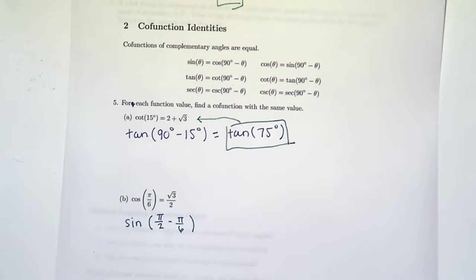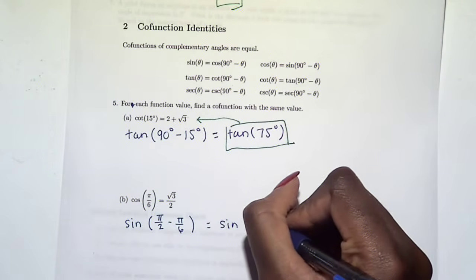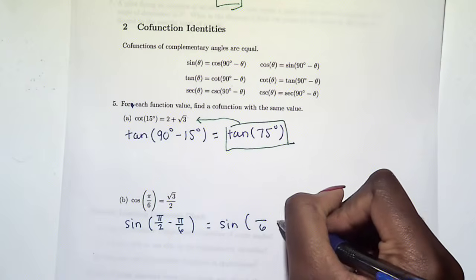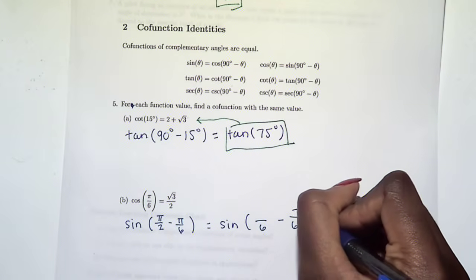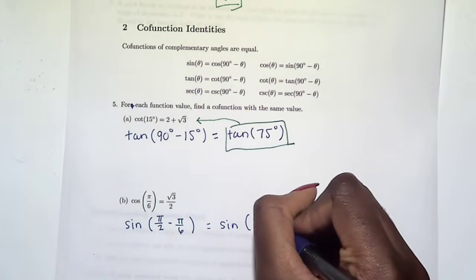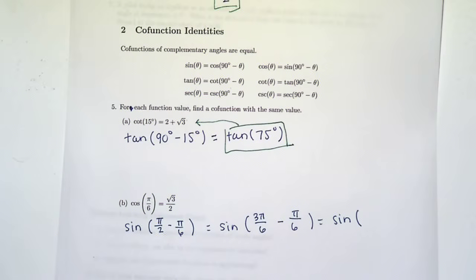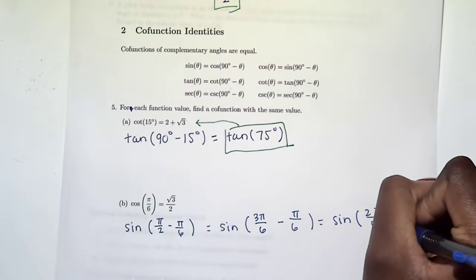So this is the same, pi/2 minus pi/6. Let's go ahead and simplify this by getting a common denominator. 6 would make a good one. So over here we would need 3. So sine of 3 pi over 6 minus pi over 6 is 2 pi over 6.